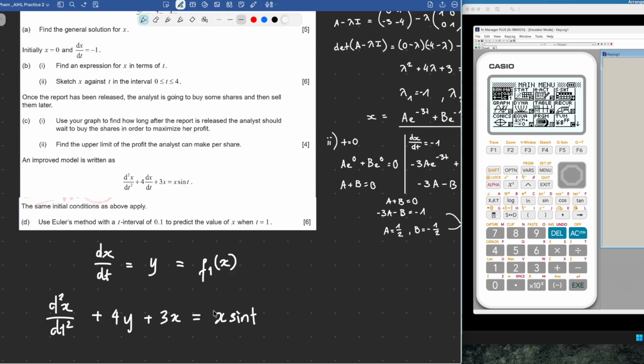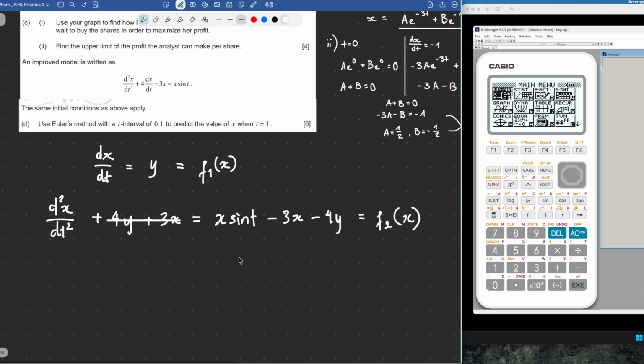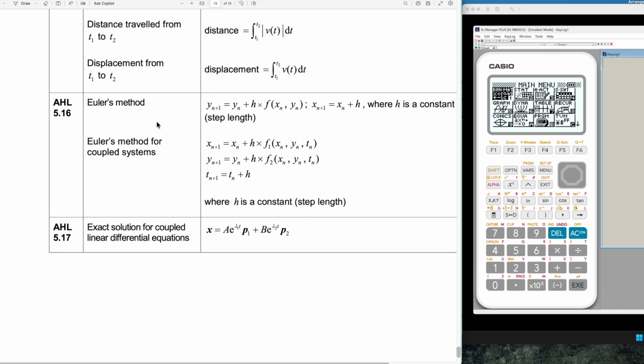I can arrange this formula by moving the terms on the left hand side to the right hand side, which gives -3x and -4y. So this is the second function, f2, that we will compare with the formula booklet. We have the booklet formula for the Euler method, with the time interval.